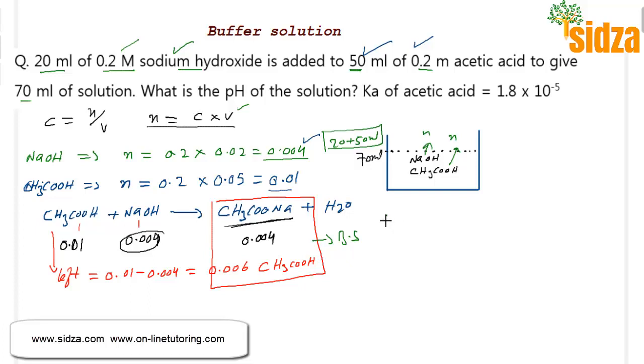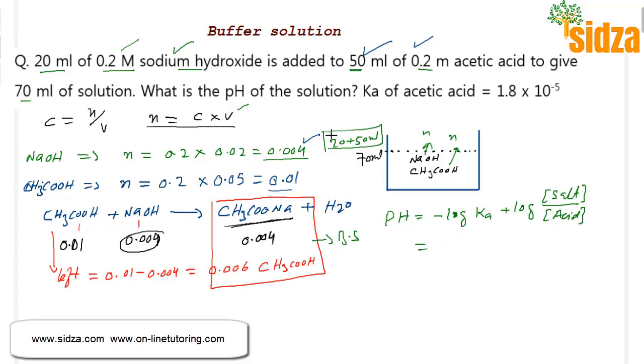Henderson equation. We all know that the Henderson equation is: pH is equal to the negative log of the Ka plus the log of the concentration of the salt by the acid, right? Now since we calculated the concentration of the acid and the salt, now we can easily find out the pH also.